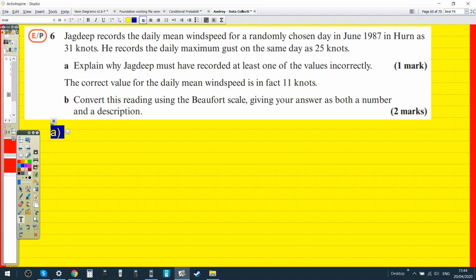Because wind speed and gust are the same thing, aren't they? Yeah. So you can't have the maximum below the average. Yeah. And B.